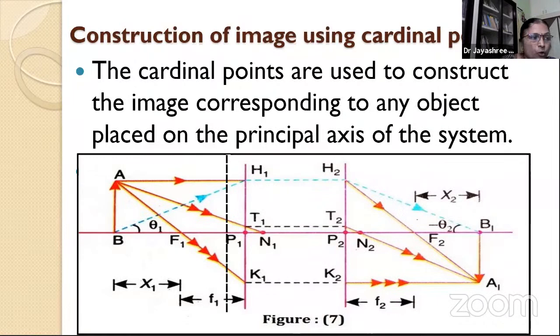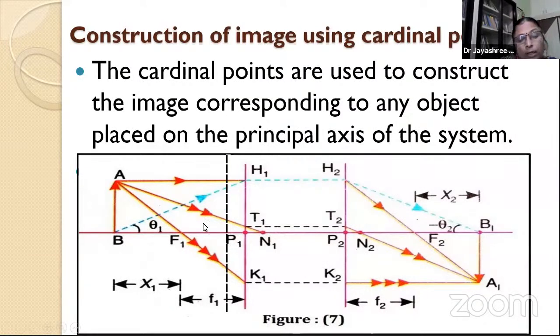As shown in the figure, suppose AB is a linear object. Whenever we have to find the image of this linear object, of the point A, we make a particular construction in this figure.